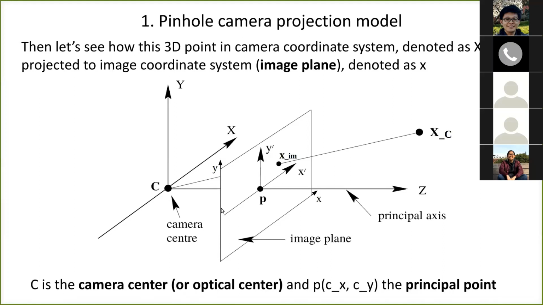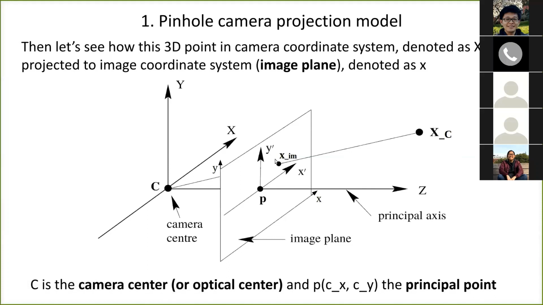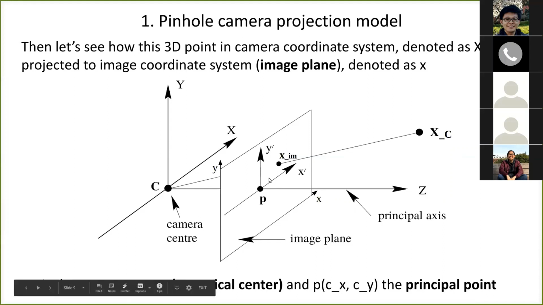Inside this 2D coordinate system, we have another very small coordinate system. In order to make our derivation simpler, we will use this P as the origin to construct another small coordinate system inside this image plane.